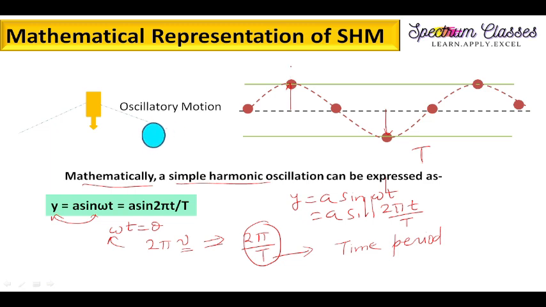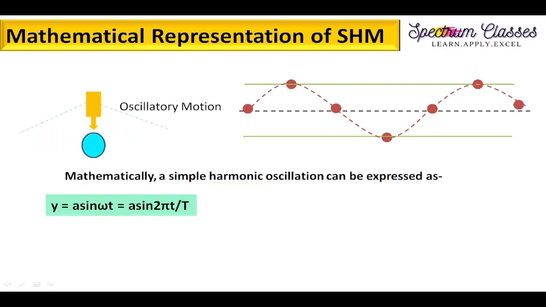Here you can see the point started from this position, then the next point is this, and so they complete one complete cycle. So the time required to complete one cycle is called the time period, right? And what about the small t? Small t is the time duration after which we are going to check. That is the only difference. So in this manner we get this equation in this form, right?